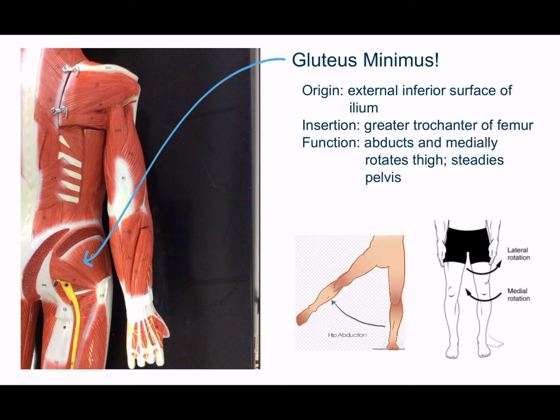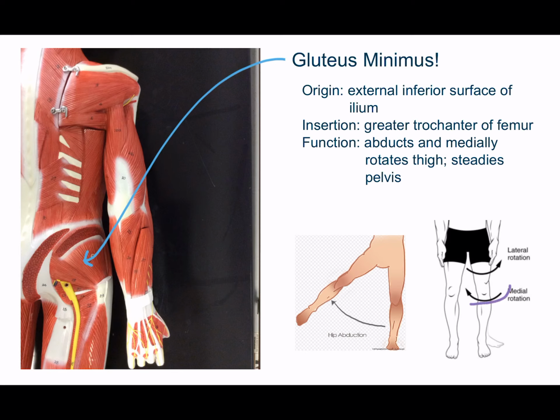So the gluteus minimus is the deepest gluteal muscle, the deepest booty muscle. It's going to originate at the external inferior surface of the ilium, and insert at the greater trochanter of the femur. Its function is to abduct and medially rotate the thigh, steadying the pelvis.